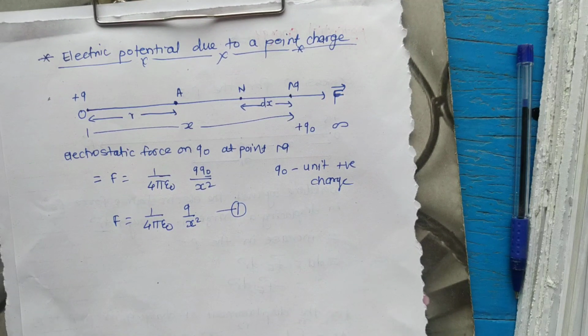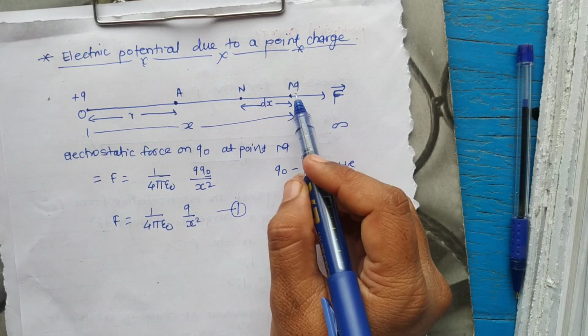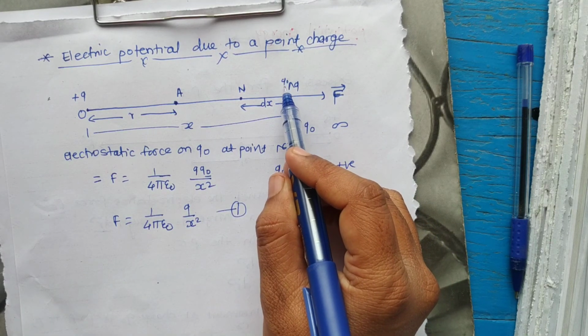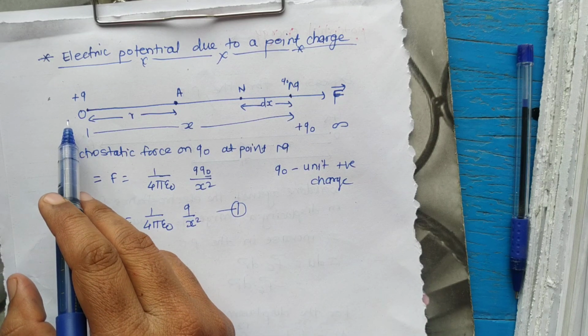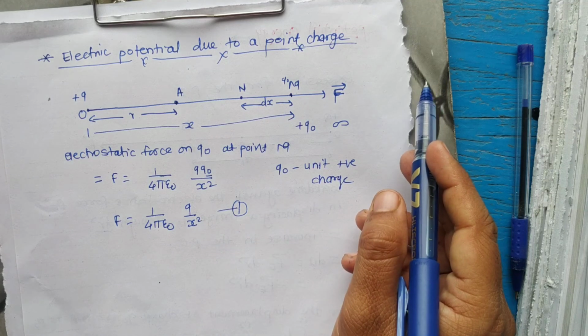Force is directed away from O along OM. This plus q charge will repel the q naught charge, which is also positive, in this direction, that is along OM.